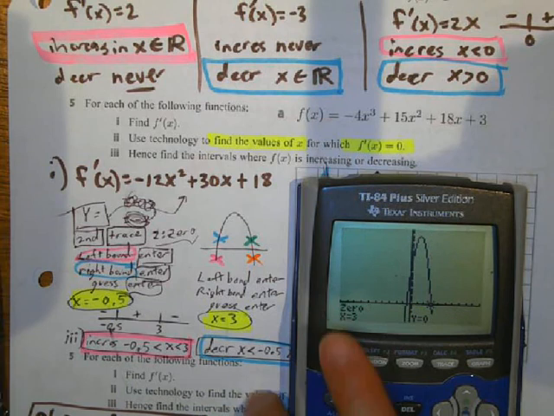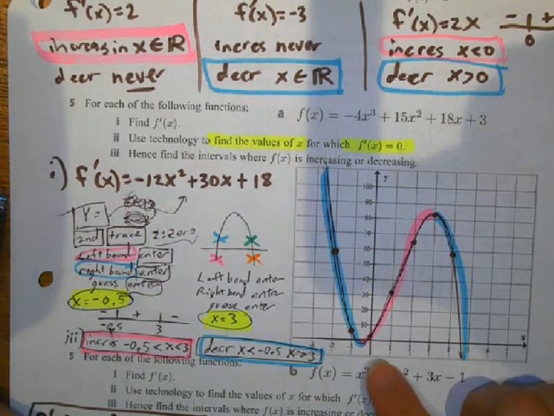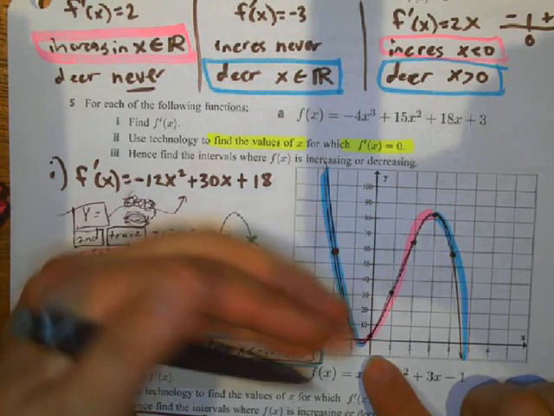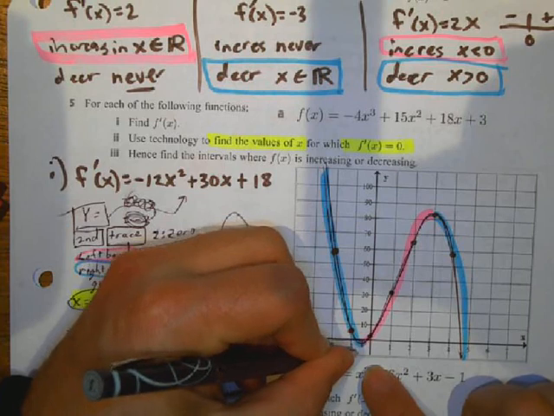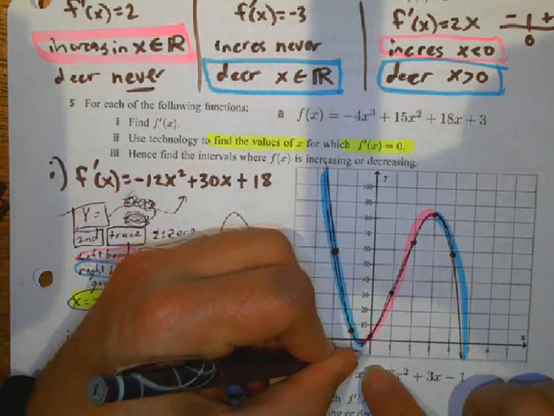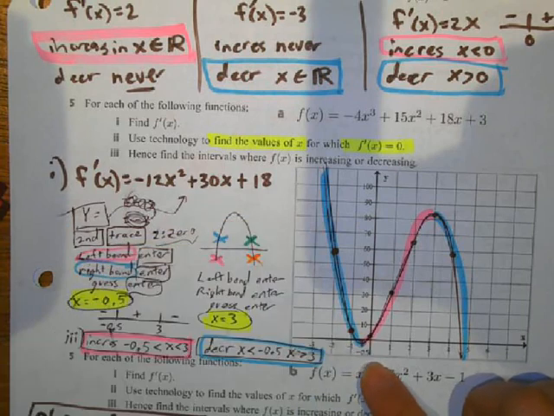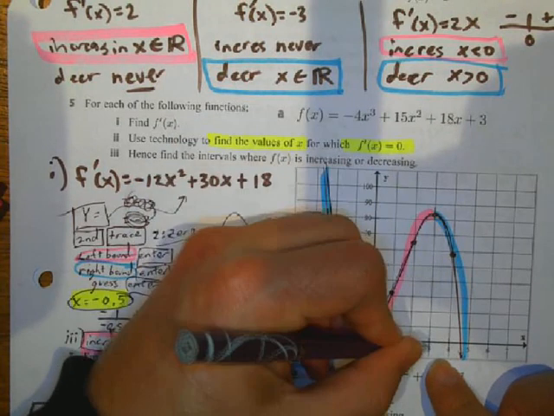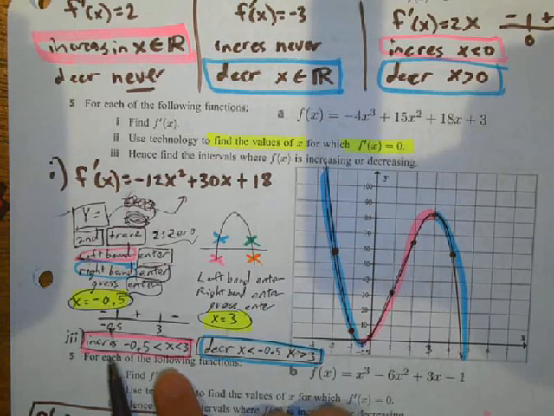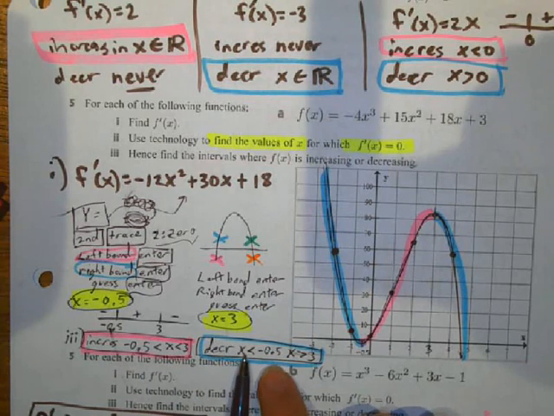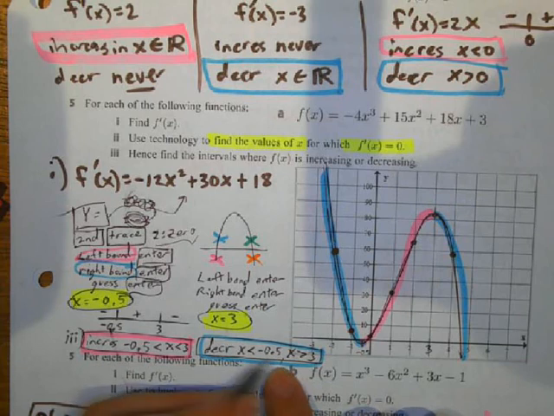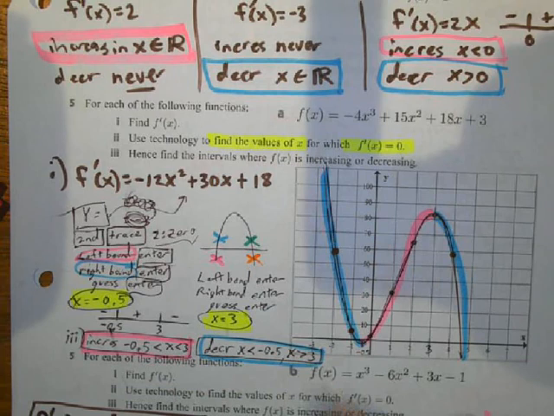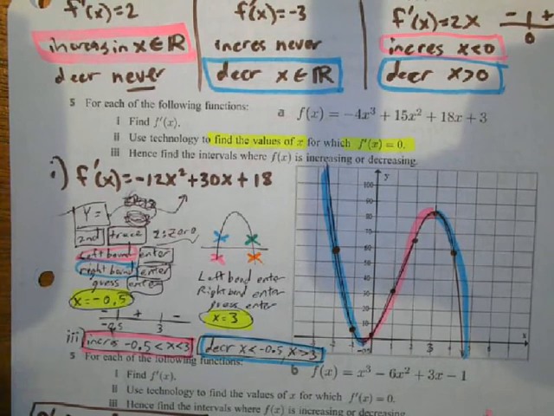So now that I know that this here is at -0.5, and this here is at 3, I could say it's increasing from -0.5 to 3, and it's decreasing when x is less than -0.5 or when x is greater than 3. You might want to hit pause to copy this.